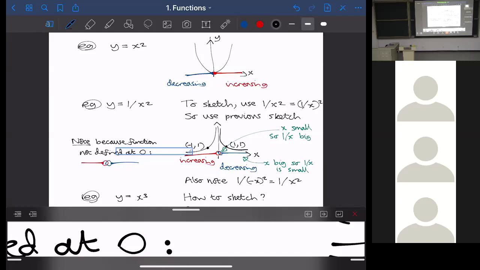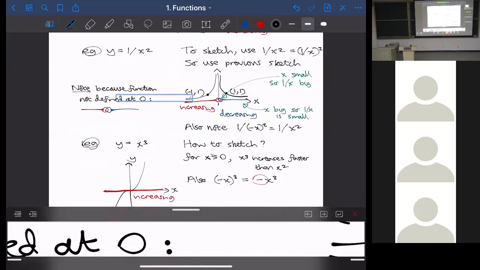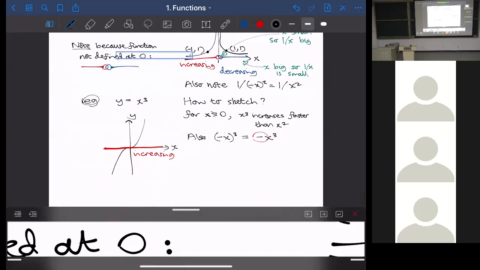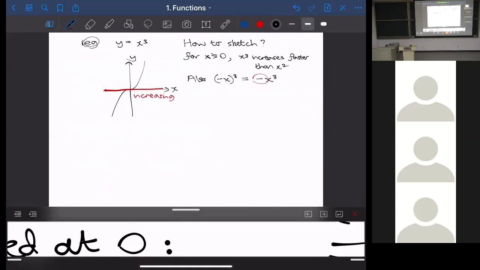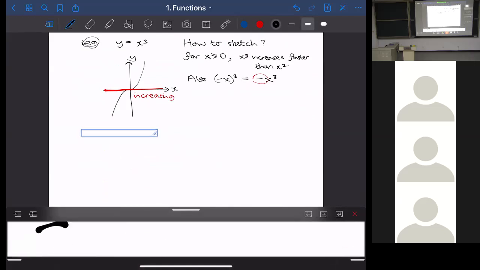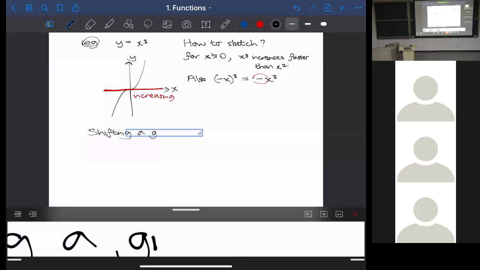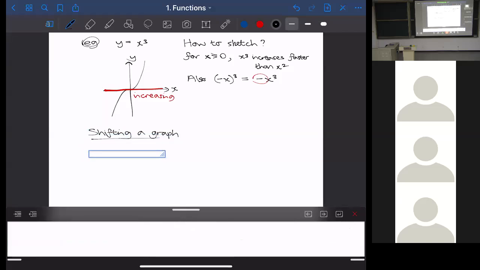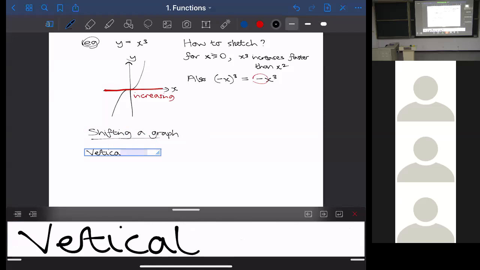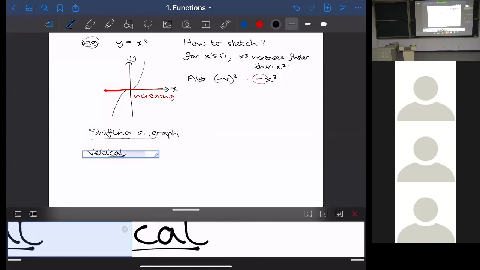So we've seen how to do some graphs. So now let's see how we can use the graphs we know to make more complicated ones. So first, vertical shift.